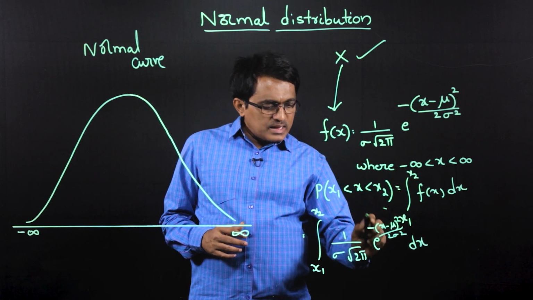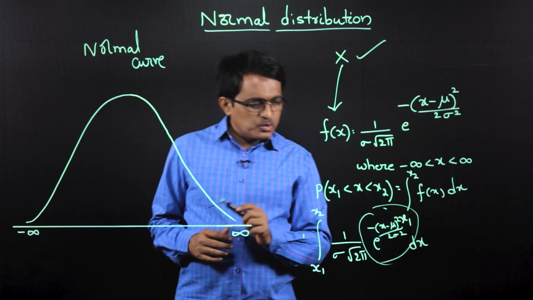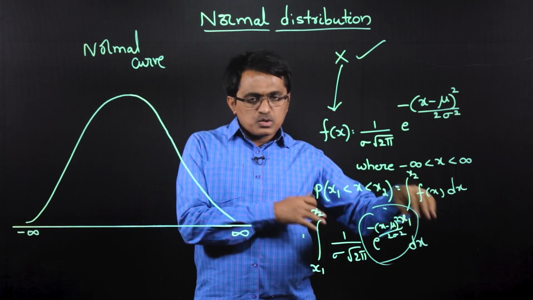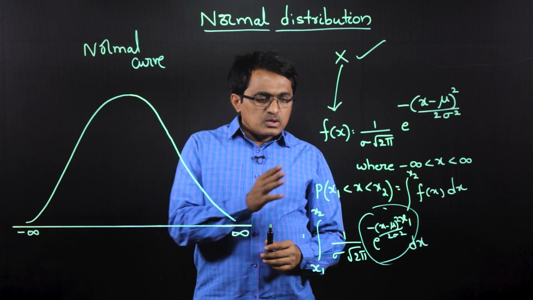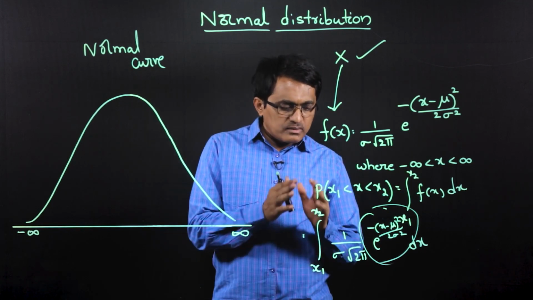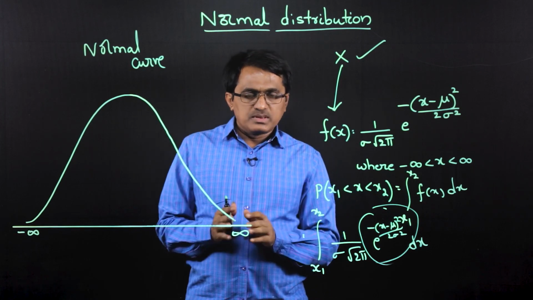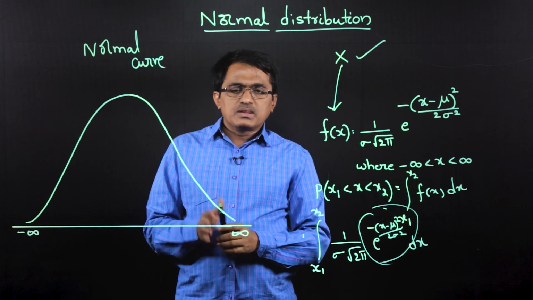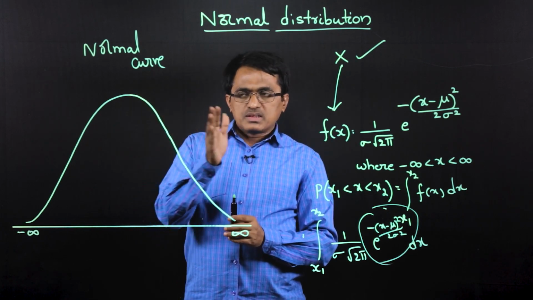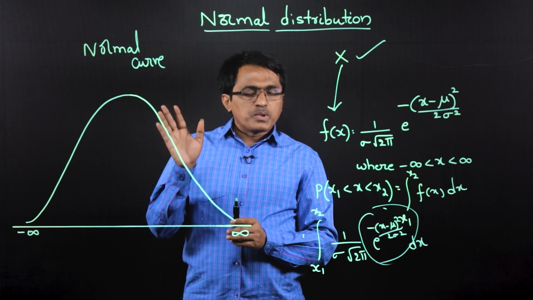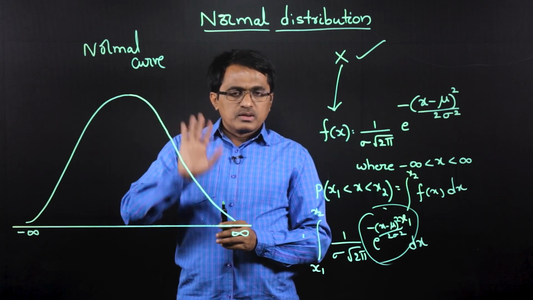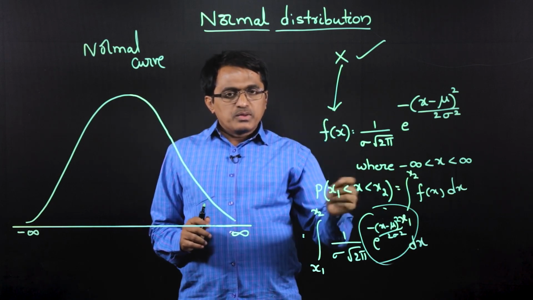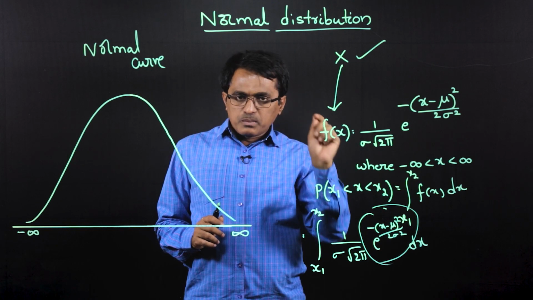But this integration of e power minus (x minus mu) whole square by 2 sigma square cannot be evaluated so simply. So, what we do is convert this into the standard normal distribution. Then we can use the normal distribution tables available to find the probabilities we are looking for. Whenever we are dealing with normal distribution, we have to convert it into standard normal distribution.